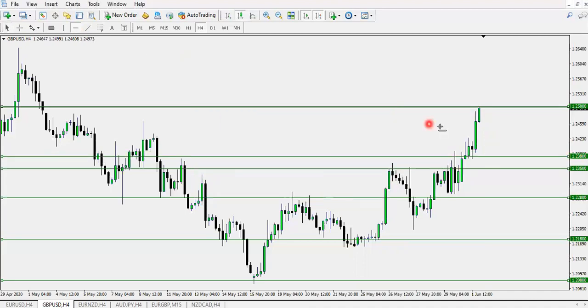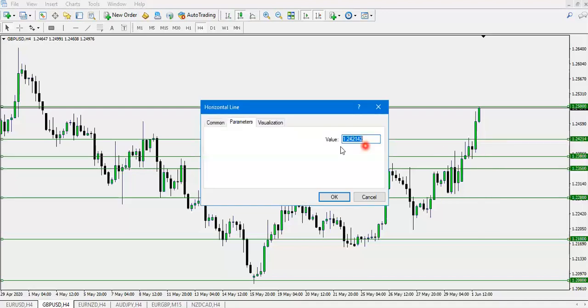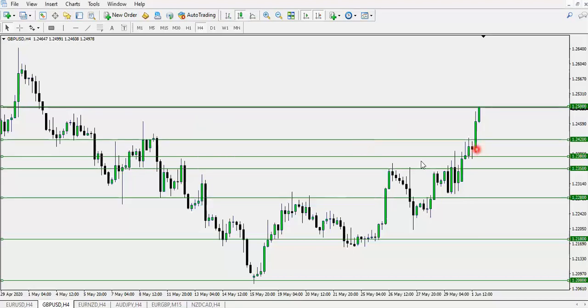And we can go ahead and mark them all up to our 200. And you can see that price not only bounces around here on these areas, but also on the way down.